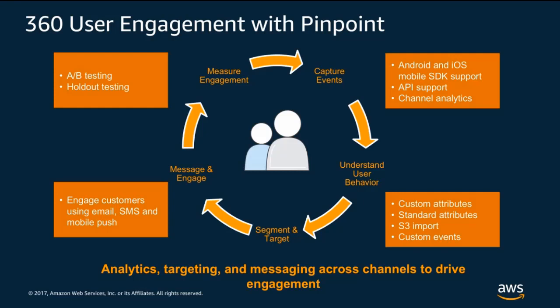There are standard attributes that Pinpoint offers out of the box, like the device make and model, the platform, country, and so on. But you would have your own custom attributes that you want to define for your users, like favorite teams, favorite players, whether they're interested in live scores or news updates. You can do all of that through custom attributes.